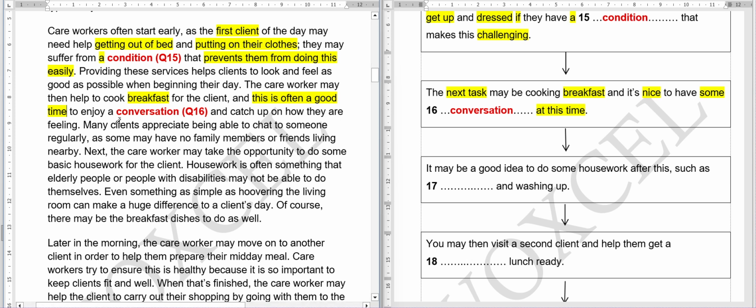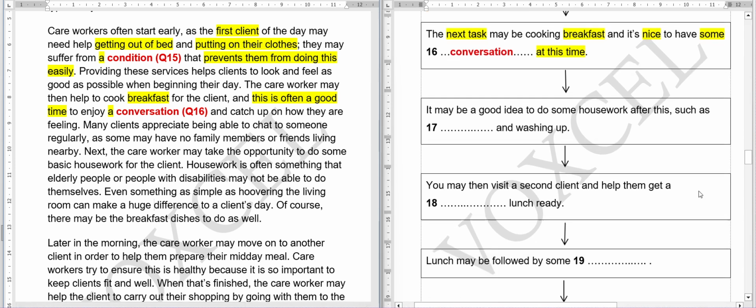Do not be confused with the fact that here it is written some and here it is written a. Basically they are trying to tell you to have a talk with them. Some talk with them or have a talk with them, basically one and the same thing. It just refers to the context you're talking about, but this is a good time to have conversation and catch up on how they are feeling. To have some feelings will not be a good answer, obviously.